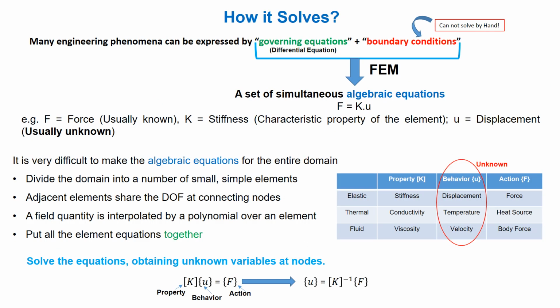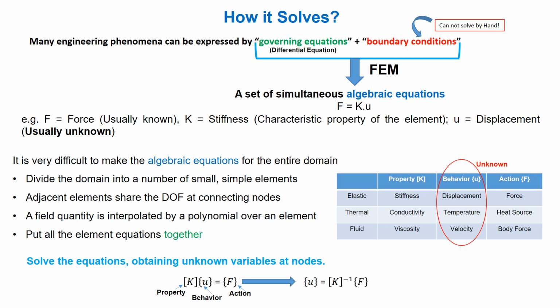How does it solve? Many engineering phenomena can be expressed by governing equations, that is, differential equations plus boundary conditions according to our objective, and at the end of the day we can get algebraic equations, converted through FEM.